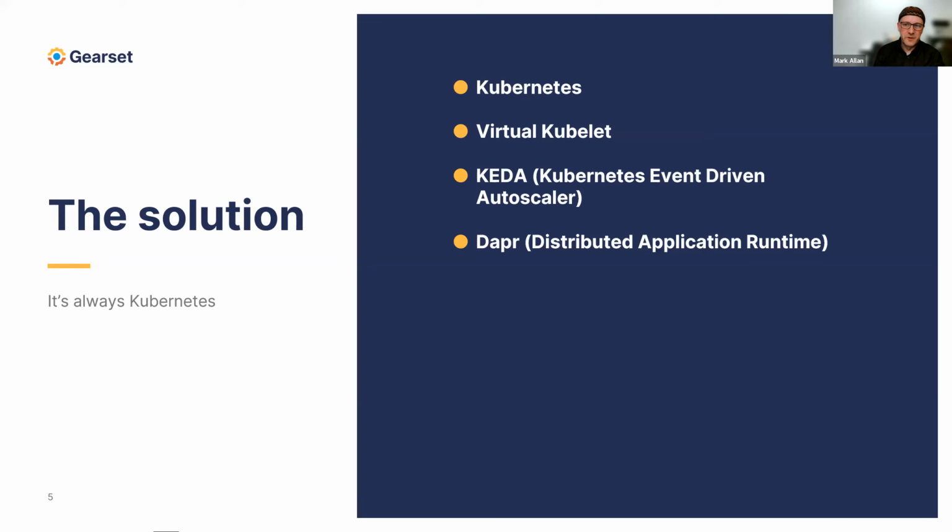So the first thing is the virtual kubelet. All that means is that rather than having it on actual VMs under the covers, you're running it in whatever your cloud's container running platform is, so Fargate or container instances or whatever. The basic idea is that you make a virtual VM, which is essentially an infinitely scalable virtual machine, and can run as many containers as you want at the same time, or no containers if you want.